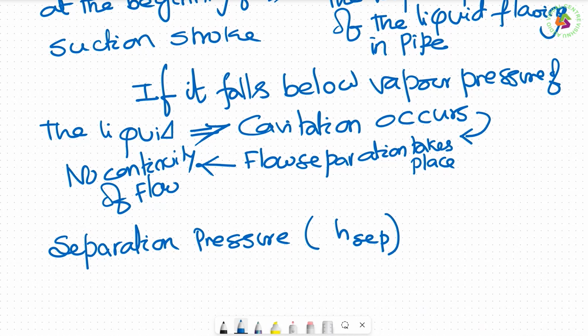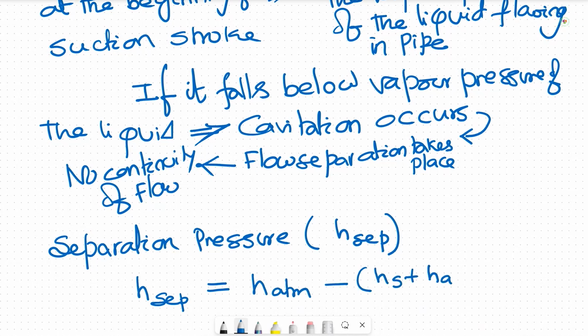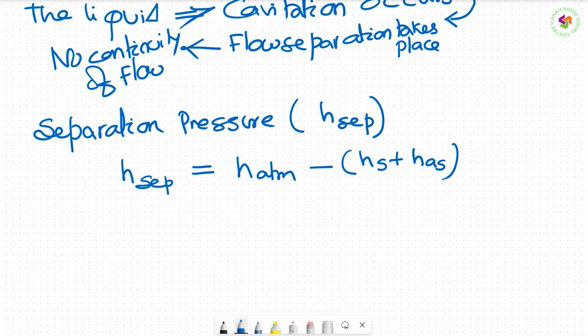So if I apply it to the pressure at the beginning of suction stroke, H separation is equal to H atmosphere minus Hs plus Has. If I take Has to the other side, it is H atmosphere minus Hs minus H separation.